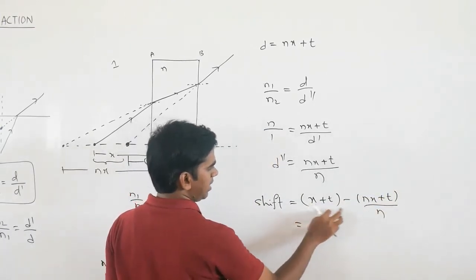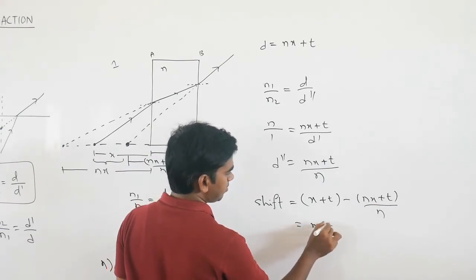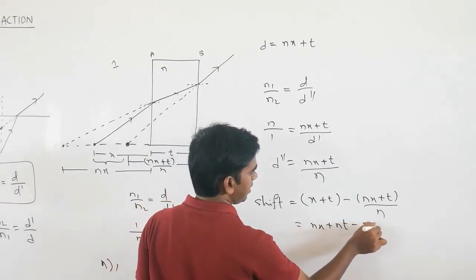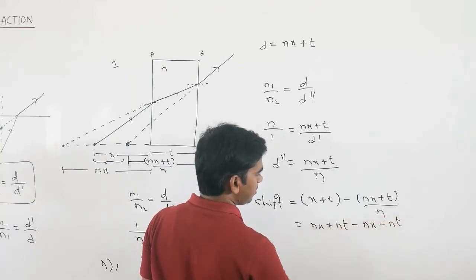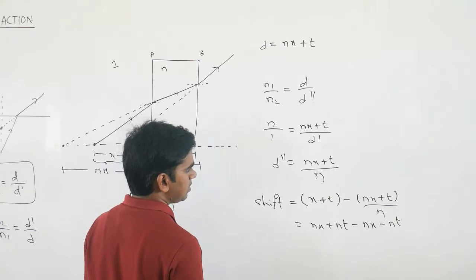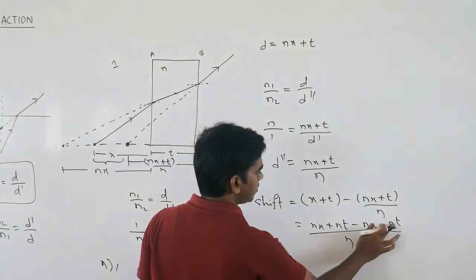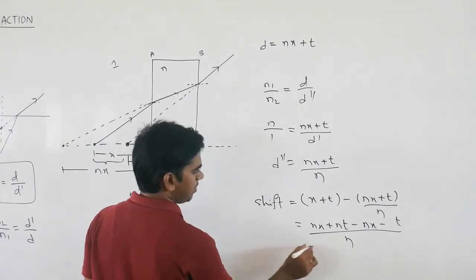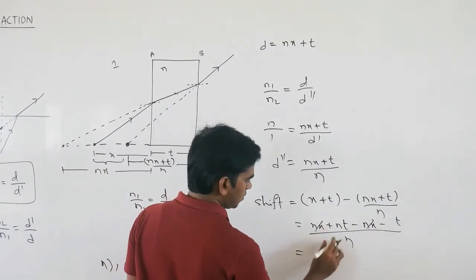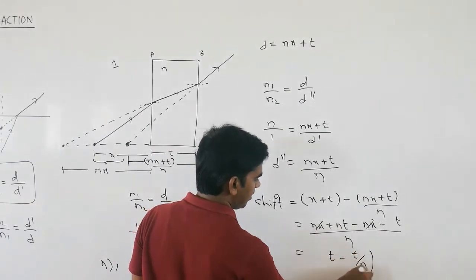So what will happen? nx will cancel. What remains is nx plus nt minus nx minus t, all divided by n. So what remains is t minus t by n.